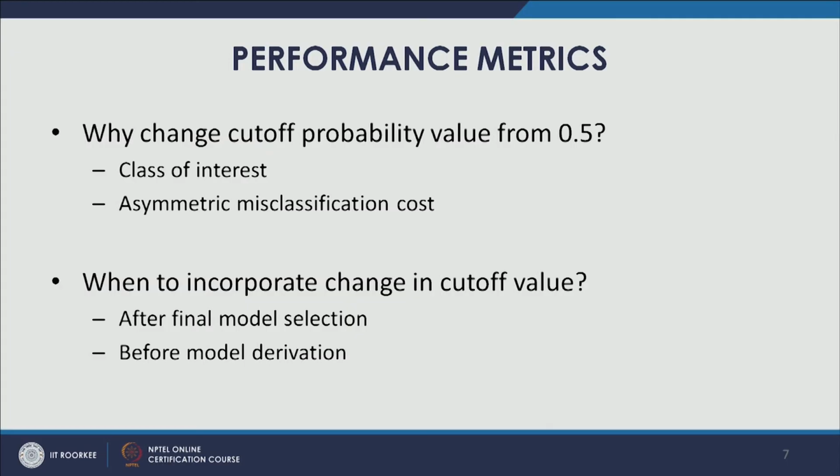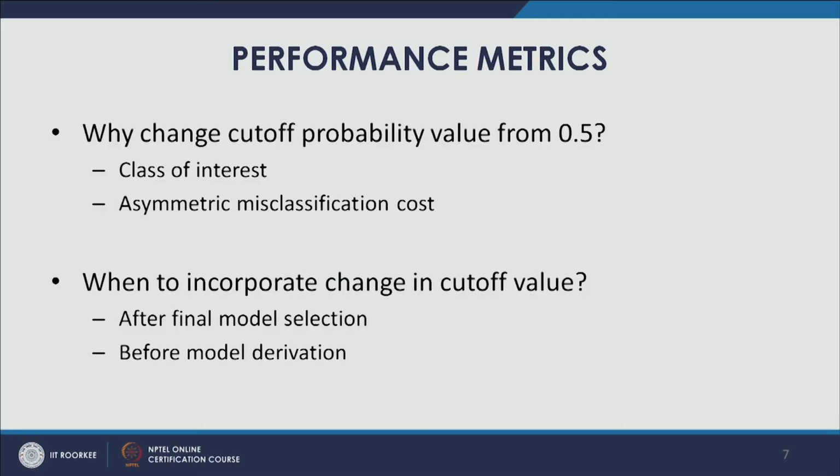The exercise of changing the cutoff value from 0.5 to 0.25 or 0.75 or other numbers, using a one variable table in Excel, was done after the model had been selected and we had the probability values, and then we were trying to see how the results would change if we change the cutoff value.